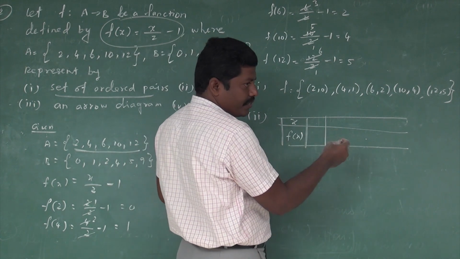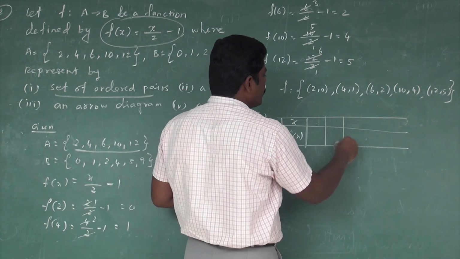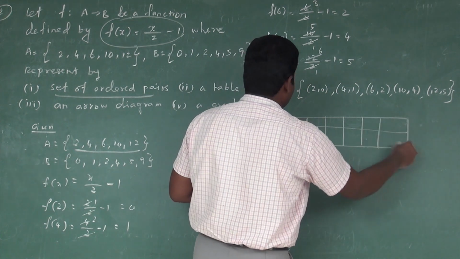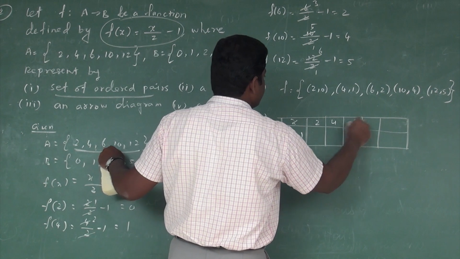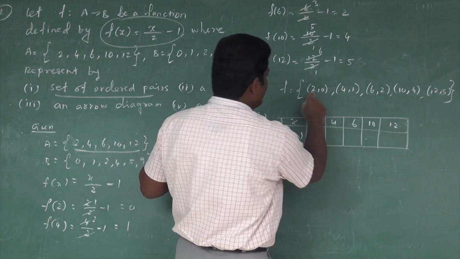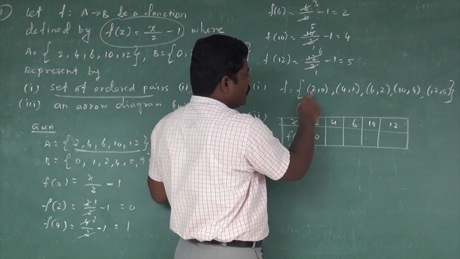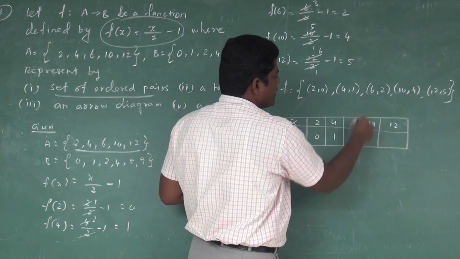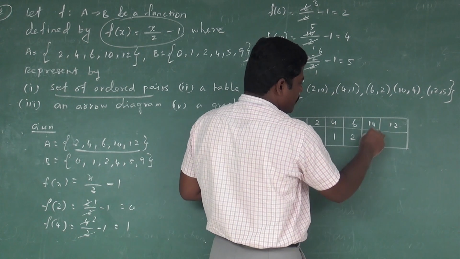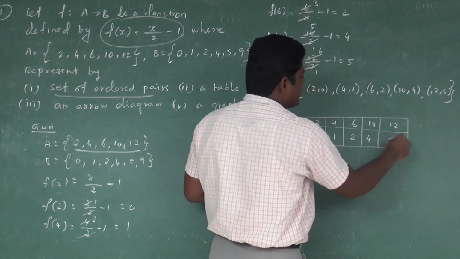You split this table into 5 columns. Fill x values 2, 4, 6, 10, 12. 2 means f of x value 0. 4 means f of x value 1. 6 comma 2. 10 comma 4. Next 12 comma 5. This is the table.